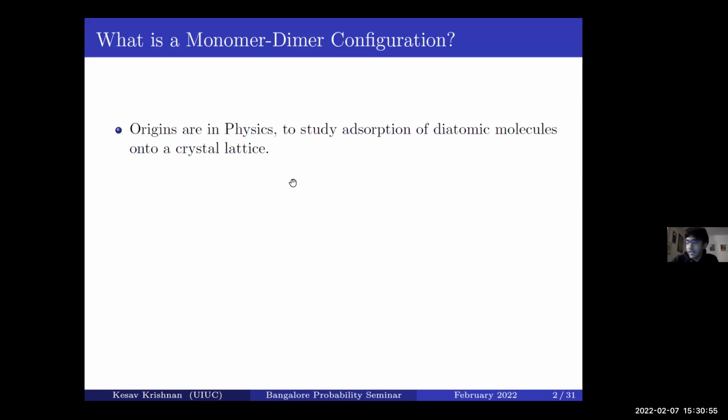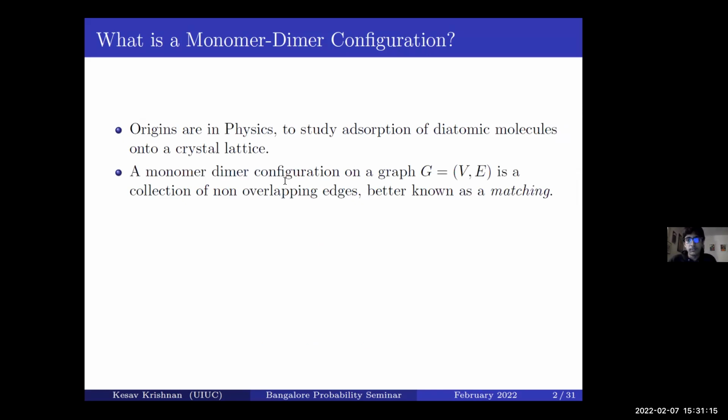So the first thing I'd like to do is define what a Monomer-Dimer model is, or at least introduce the concept. The origins are in statistical mechanics and statistical physics, where it was first described by Roberts to study the absorption of diatomic molecules or dimers onto a crystal lattice, in other words, an underlying graph. A mathematical definition for that would be a collection of non-overlapping edges on a graph.